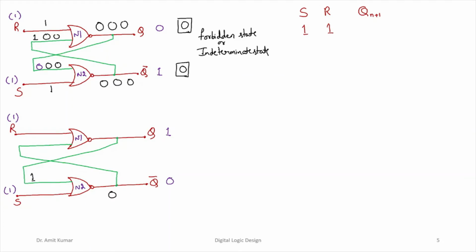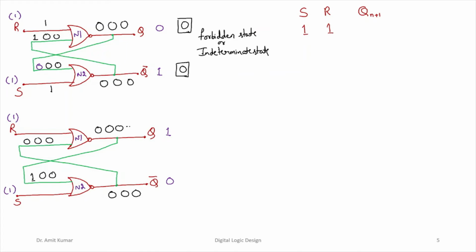Since Q bar is 0, this 0 NOR 1 is going to be a 0. Again from the feedback, this 0 NOR 1 is going to be 0, and the input of this N2 results in a 0.